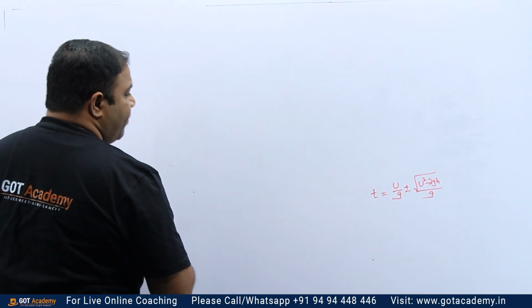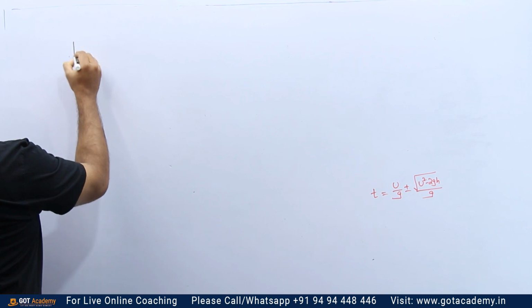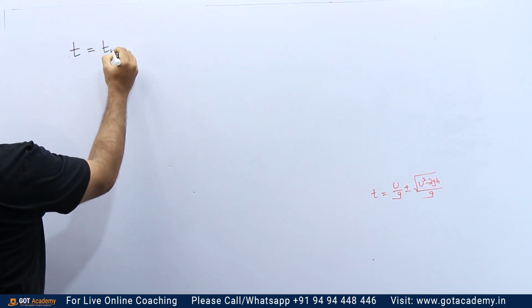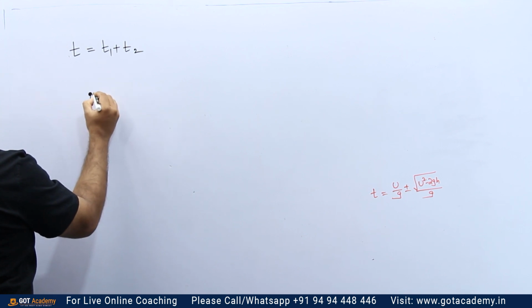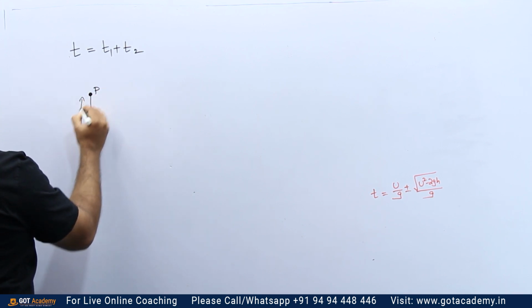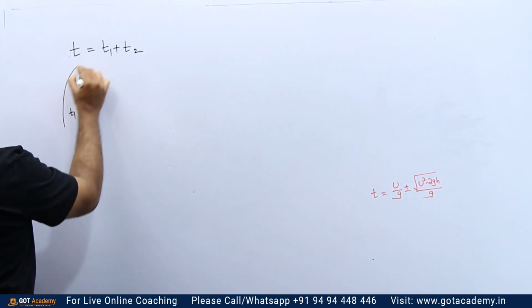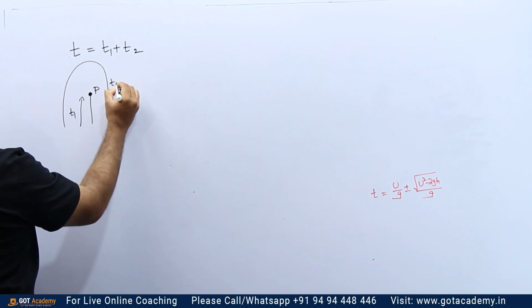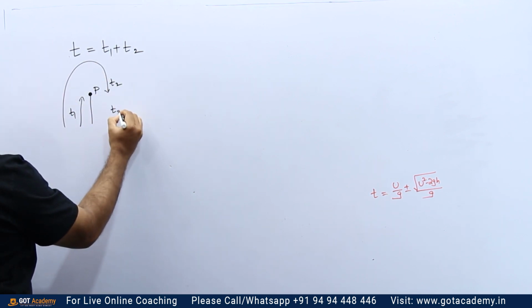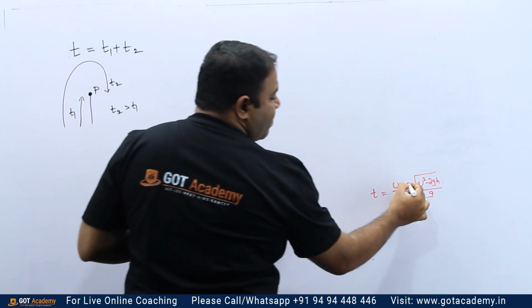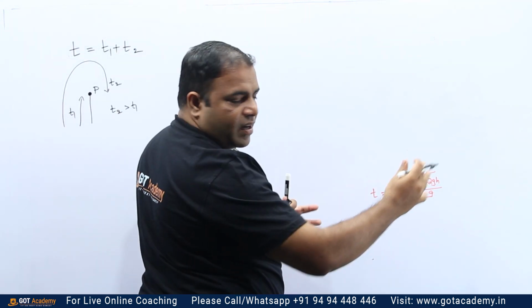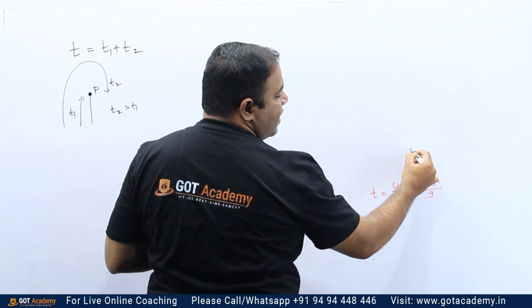So previously I told you that time t is equal to t1 plus t2. This is what I told you. If I consider point P here, from here to here I assume the time is t1, and from here to here I assume the time as t2. It was very clear that t2 is greater than t1. So that is the reason why this plus means you are getting maximum time. So if I take plus, let me assume it as t2.